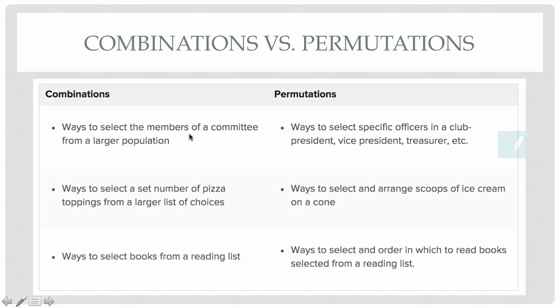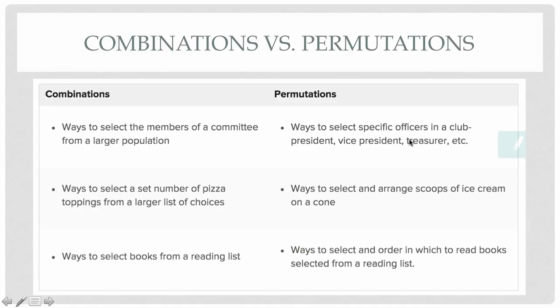It doesn't matter the order. I just want a group of students. That would be a combination. A permutation would be, I have a group of 30 students and I want to pick a president, vice president, or a treasurer. That makes a difference, right? Picking someone for president is different than picking someone for vice president, so the order in which we pick matters.